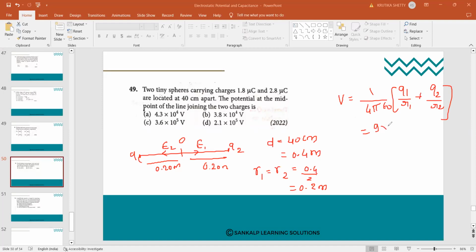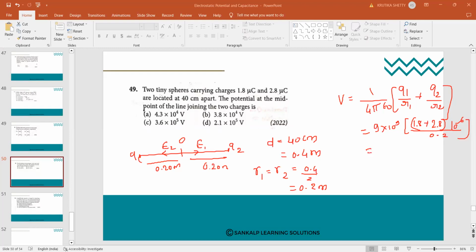So 1 upon 4 pi epsilon naught is 9 into 10 raised to 9. Q1, Q2 are in micro, so 10 raised to minus 6 will be common. Since R1 and R2 values are the same, I take 1.8 plus 2.8 bracket complete, 10 raised to minus 6, this whole divided by R, the value 0.2.